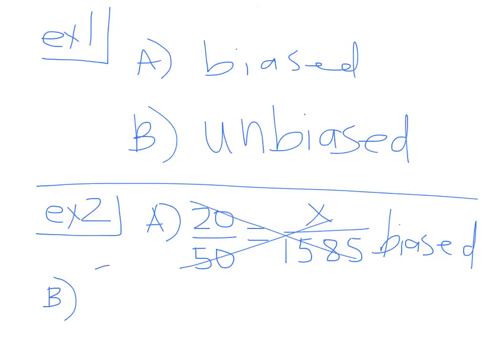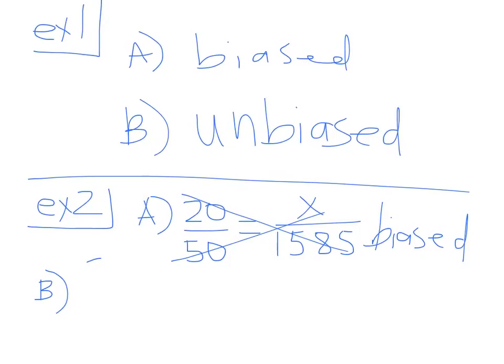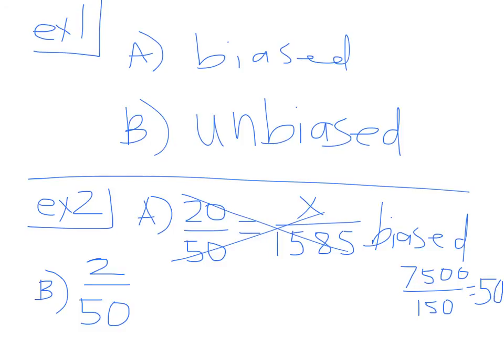So in this one you have 2 defective, but this is 2 out of every 50 chips. How we get the 50 is, since we are selecting every 150th chip, and there are 7,500 total chips, if we divide those two numbers, we get that there are actually 50 chips that we're going to end up sampling.